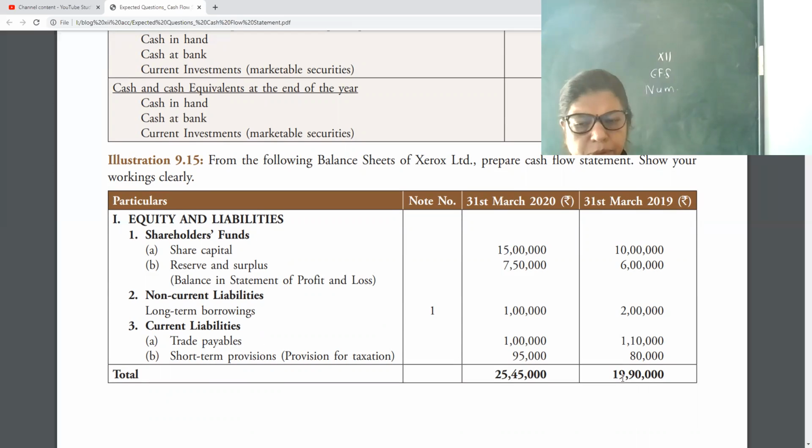Then provision for tax: previous year's tax should be paid in operating activity and current year's tax should be added in NPBT.